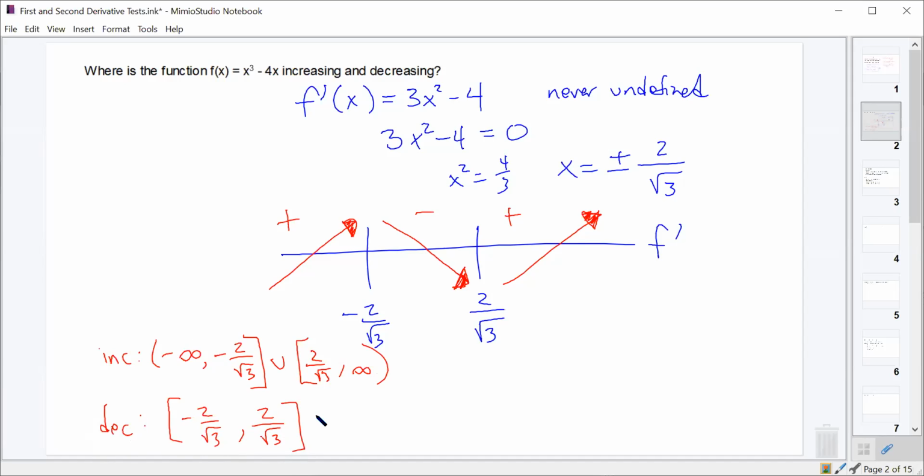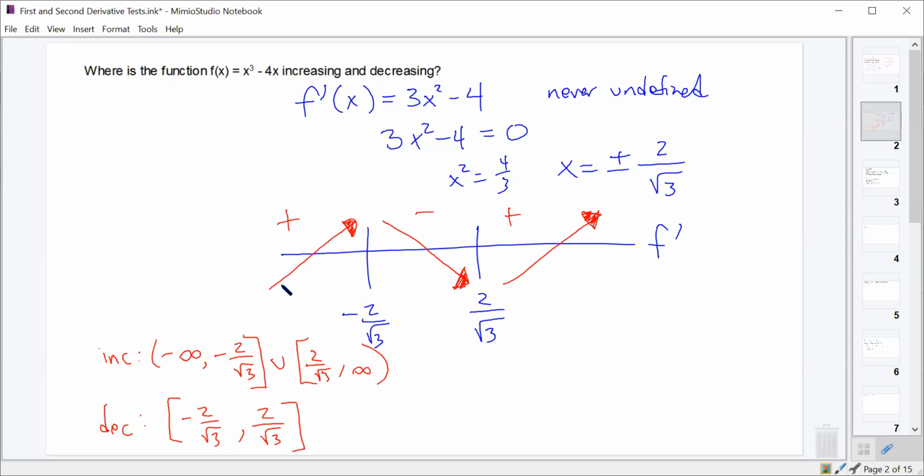Good. Wonderful. All right. So using this same idea, what could you tell me is going on here at negative 2 over root 3? Our function has a local max, and at 2 over root 3, our function has a local min, right?